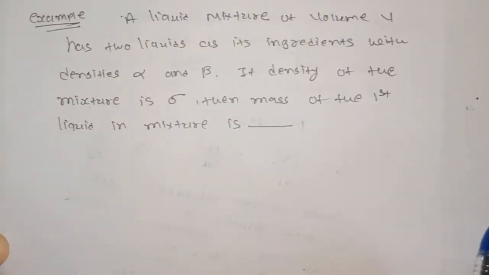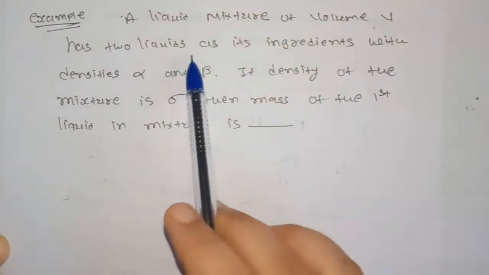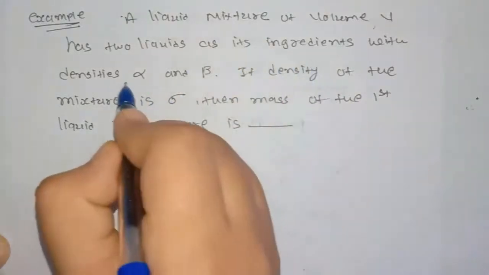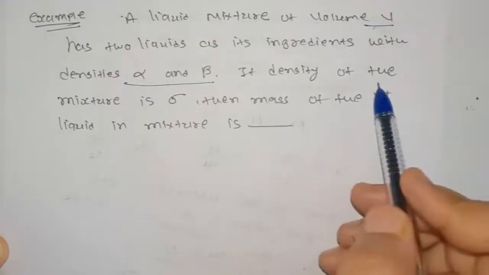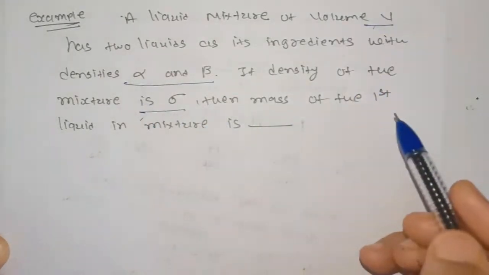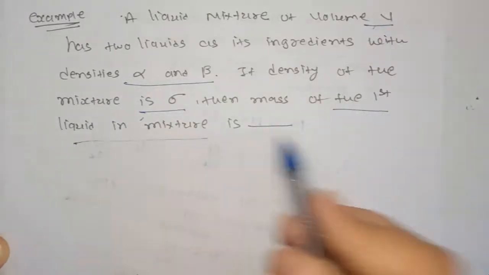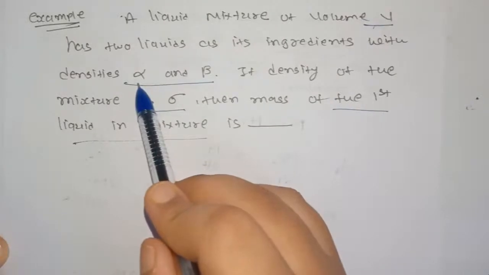In this example, a liquid mixture of volume V has two liquids as its ingredients with densities alpha and beta. If density of the mixture is sigma, then what is the mass of first liquid in the mixture? We want to find the mass of first liquid having density alpha in the mixture.